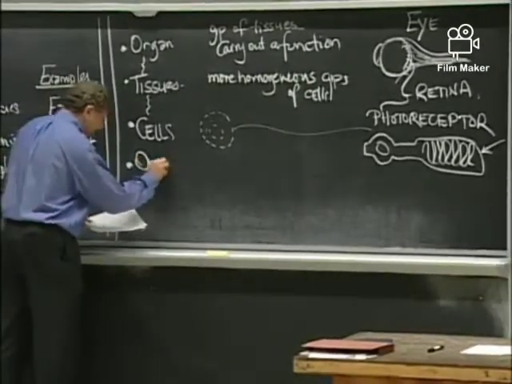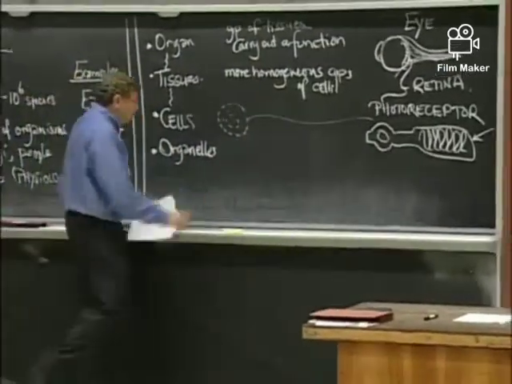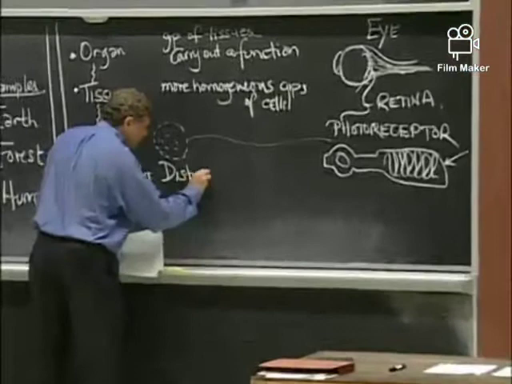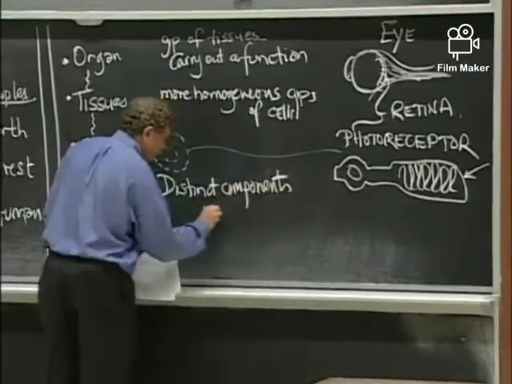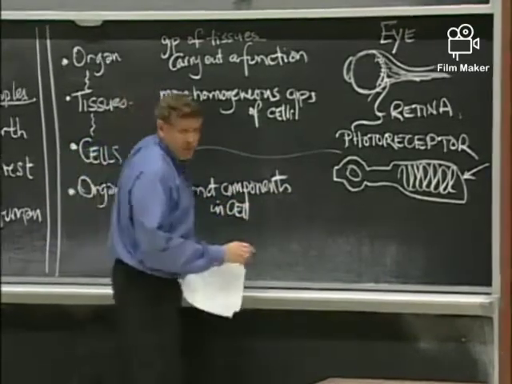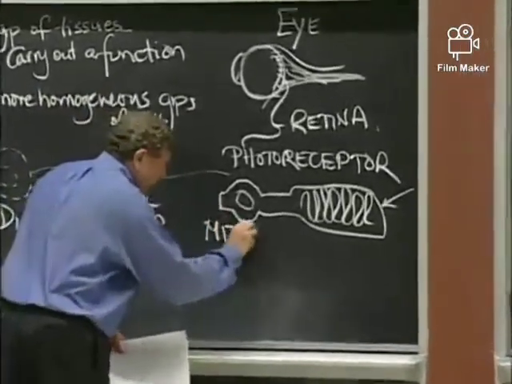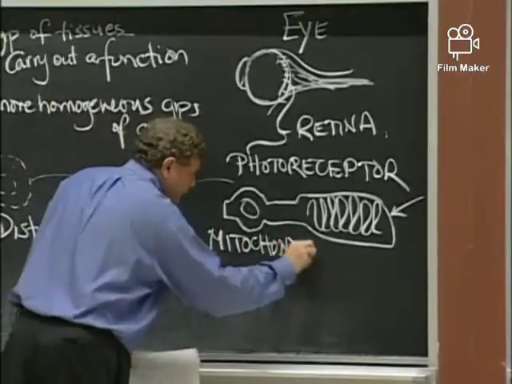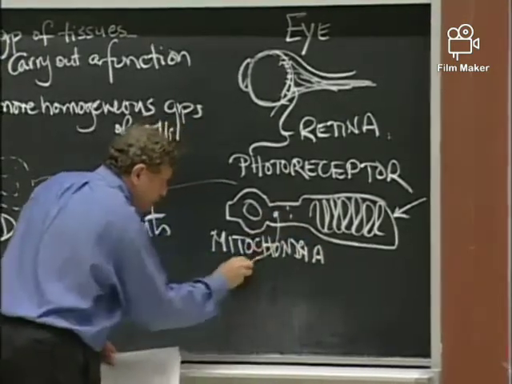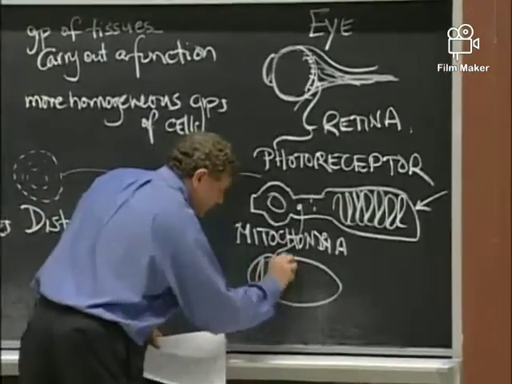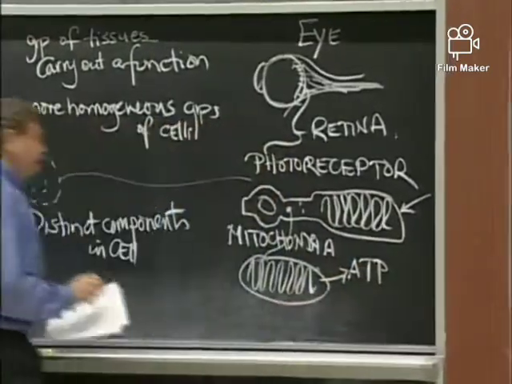Then we get down to organelles. These are distinct components within a cell. For example, this photoreceptor is using up a lot of energy. It has mitochondria. These mitochondria in here are involved in producing ATP efficiently.